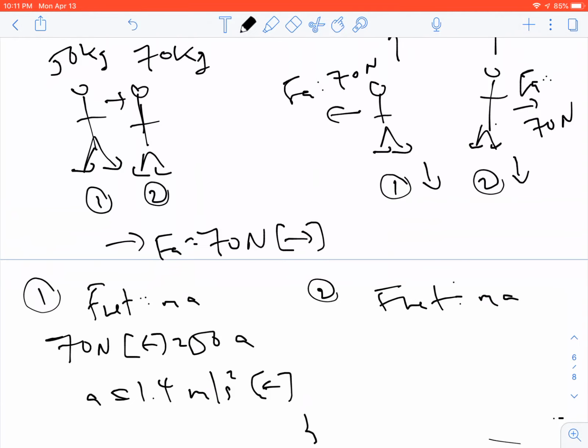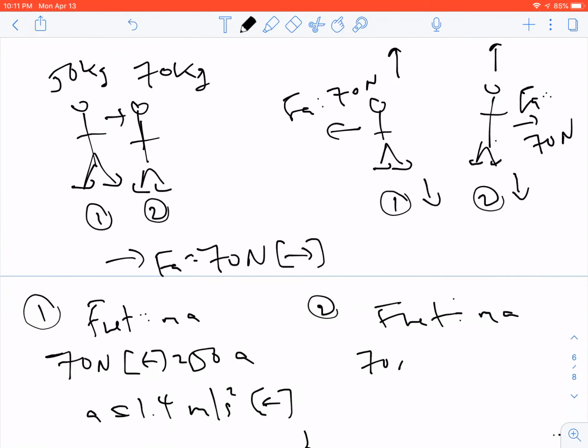The F net is going to be 70 newtons to the right. It's going to be equal to the person's mass, which is 70 kilograms, times the acceleration. And the acceleration for person number 2 is going to be 1.0 meters per second squared to the right.